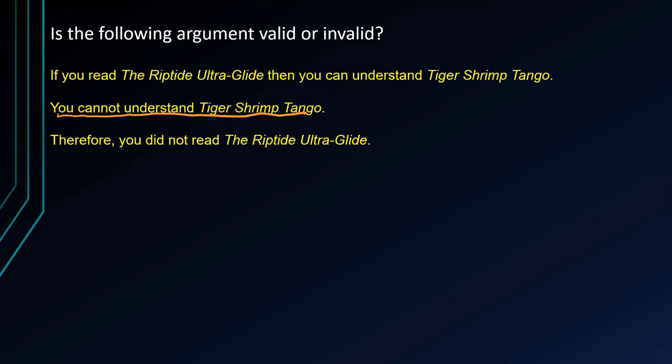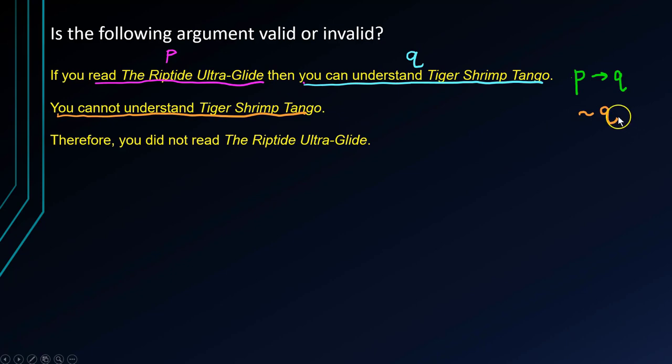So I'm going to let reading Riptide Ultra Glide be P and understanding Tiger Shrimp Tango being Q, which means that this first statement up here is if P then Q, or P arrow Q if you want to look at it that way. The second one is you cannot understand Tiger Shrimp Tango. So you can see that Q is understanding it, therefore not understanding it is going to be a not Q. So these are the two conditions we have.